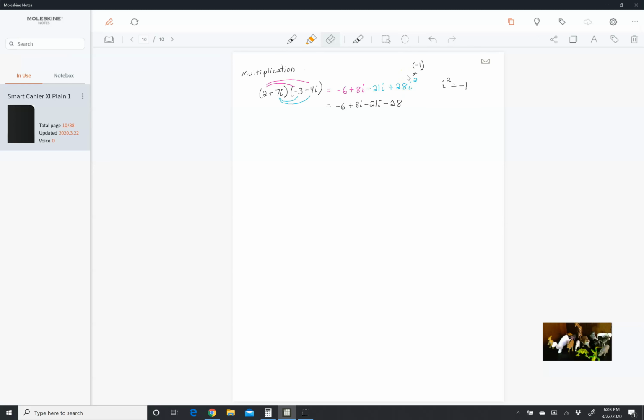Just so that if you miss it or you make a mistake, I know that you knew to change that. Okay, and so finally we have negative 6 minus 28 brings us to negative 34. So again, we're combining like terms, and 8 minus 21 is negative 13i. Okay, let's do one more.